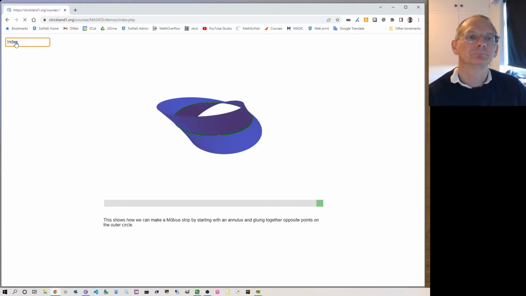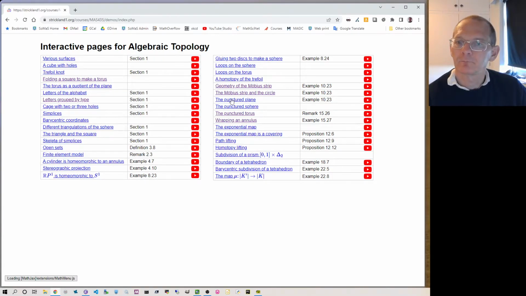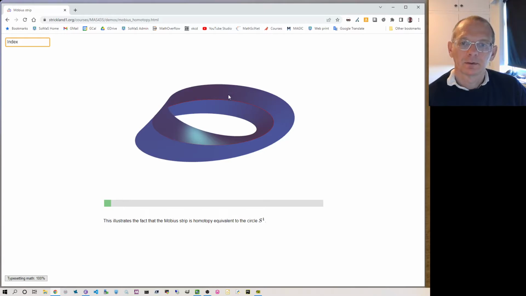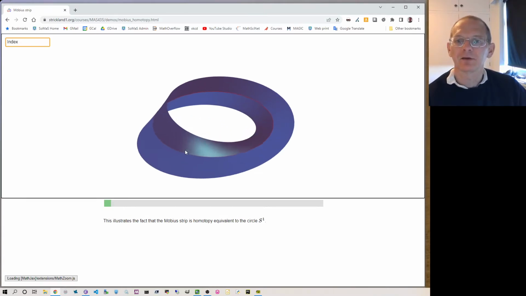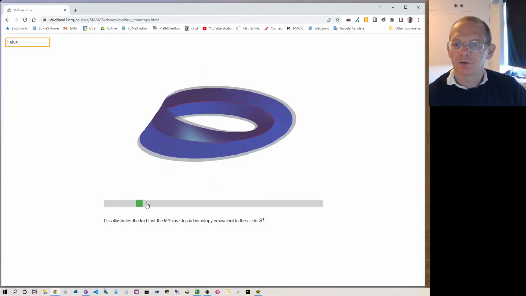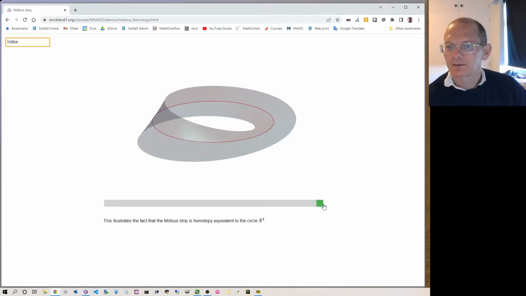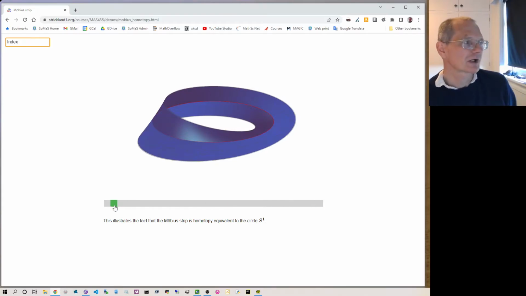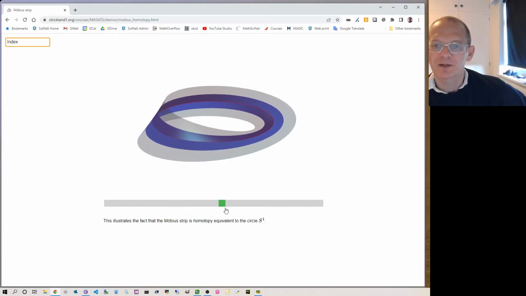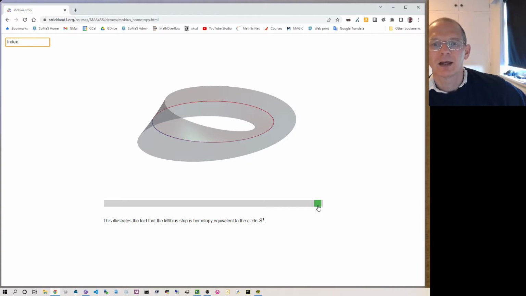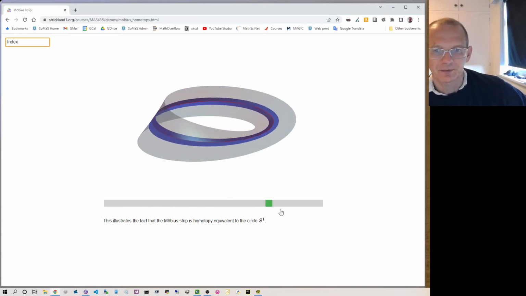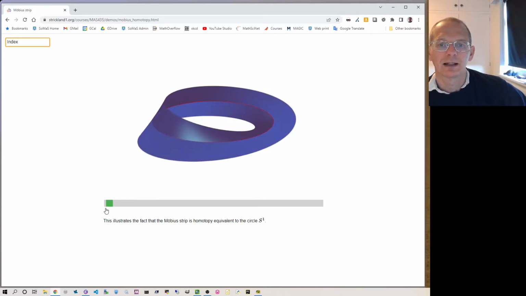Homotopy equivalence: here's your Möbius strip, and you've got the inclusion of the circle, and this movie is showing your homotopy from the identity down onto the circle. So it's showing that the inclusion of the circle is a homotopy equivalence.